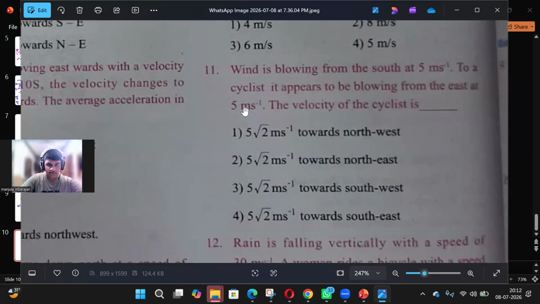There is an option 2: 5 root 2 meters per second towards northeast. Check the answer. Yeah, 2. Okay, got it, no?